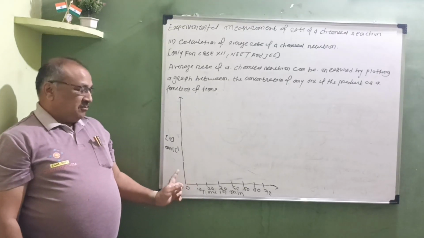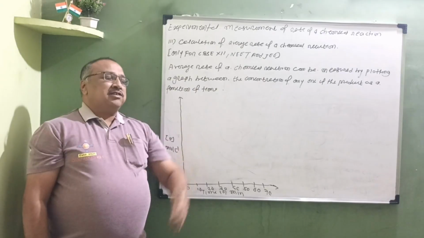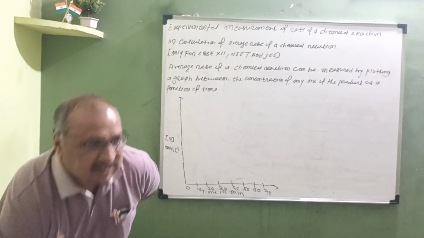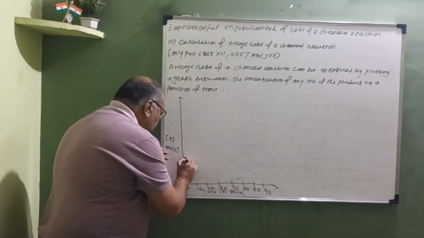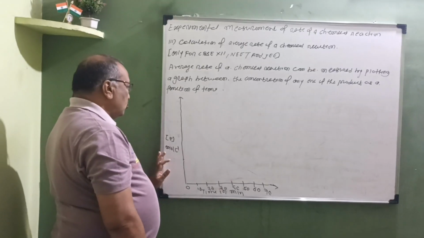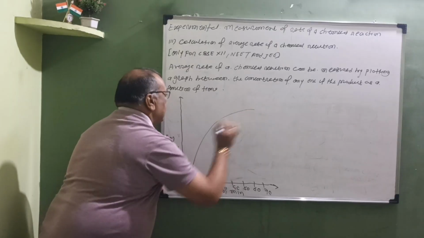In this case, the concentration of product goes on increasing with increasing time. So the graph moves in upward direction like this.